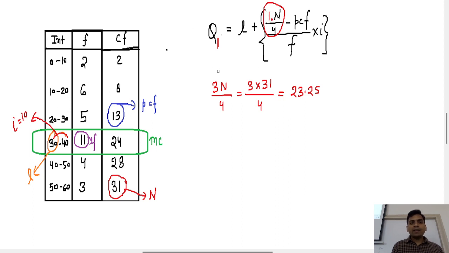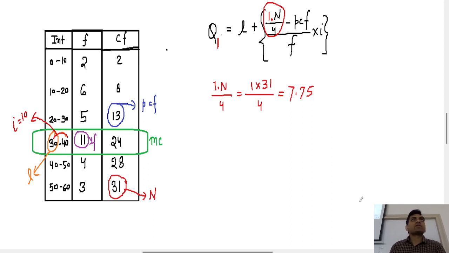So you will write this as 1n upon 4. So this 1n upon 4 is how much? 31 upon 4 is 7.75. Okay. So we will search this 7.75 in which column?